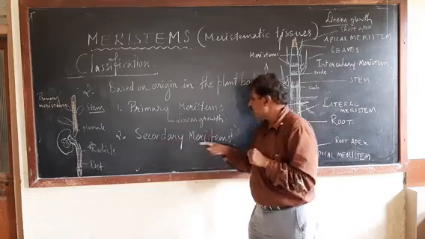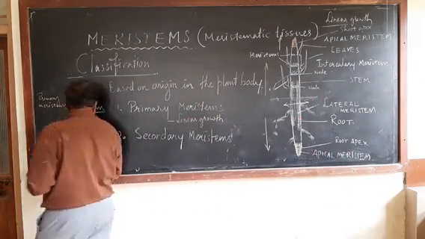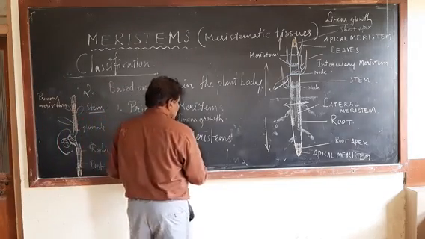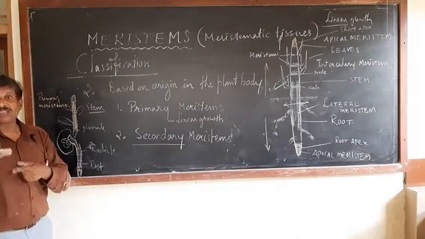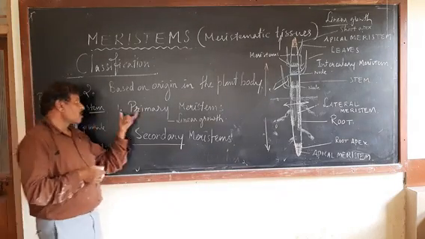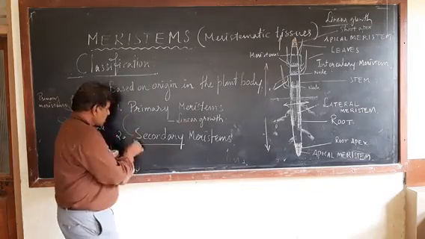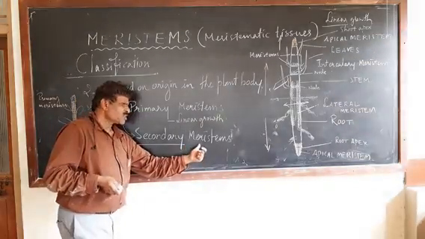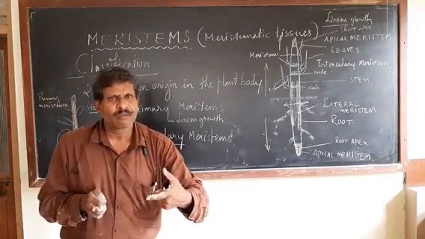What about secondary meristem? The name suggests secondary. It's later. Secondary school, it's later going school. After the completion of education in the primary school, we move over to the secondary school. Later going school. Secondary meristems. Later formed meristems.